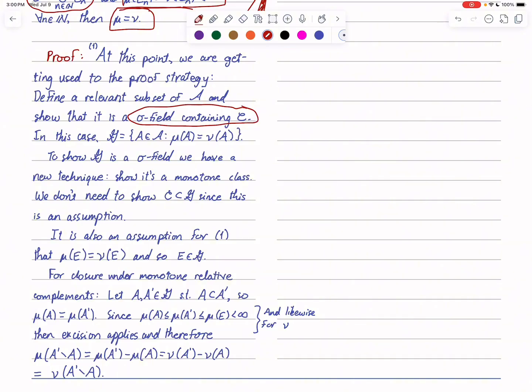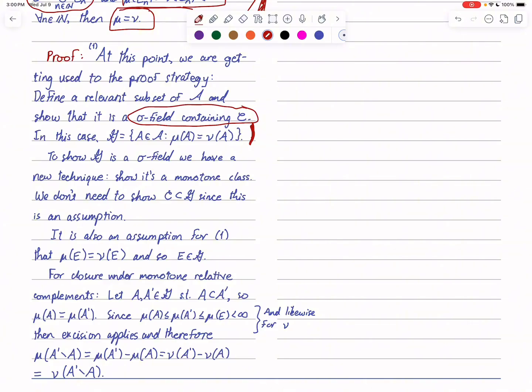We've been using this strategy for a little while now, and in this particular case, I think it makes sense that we would define this set G, and we would want to show that this set G is a collection containing C and a sigma field, right?